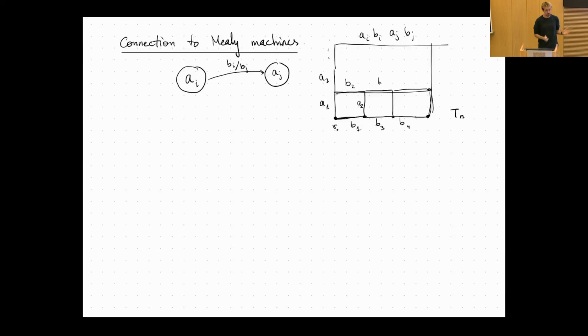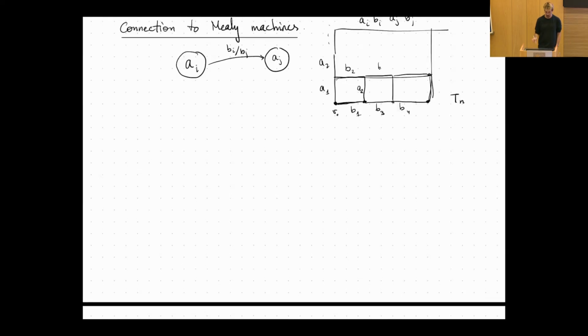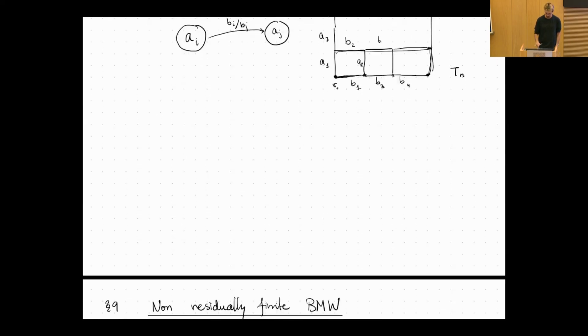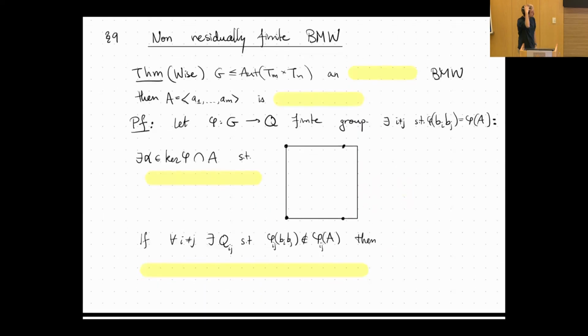Exactly. And you see, of course, there's the sort of dual Mealy machine that has alphabet A's and has states B. Those are not general Mealy machines, but it's called bi-reversible Mealy machines.